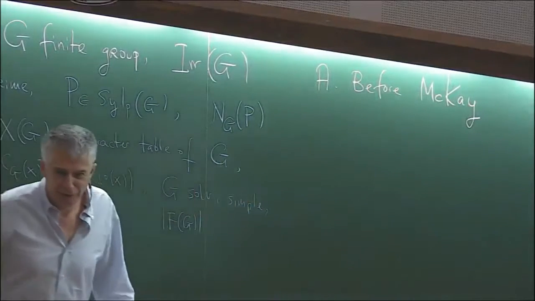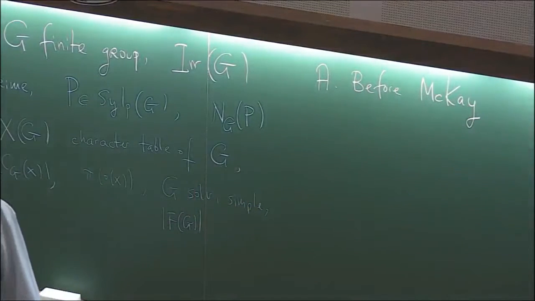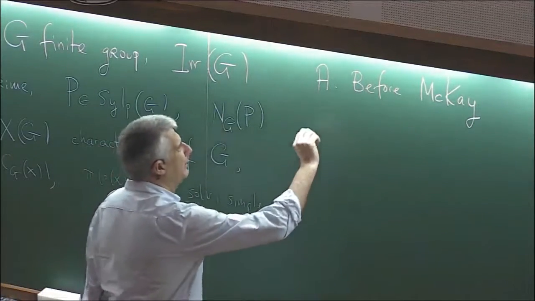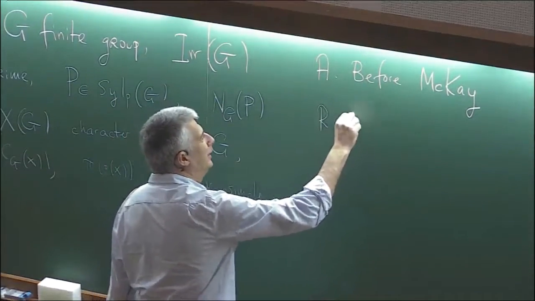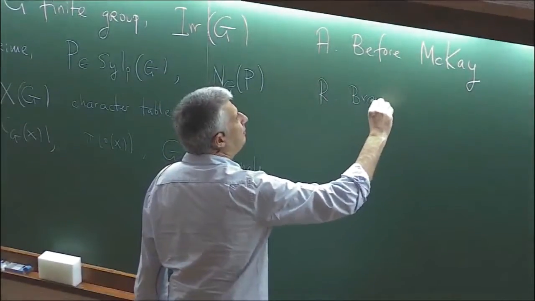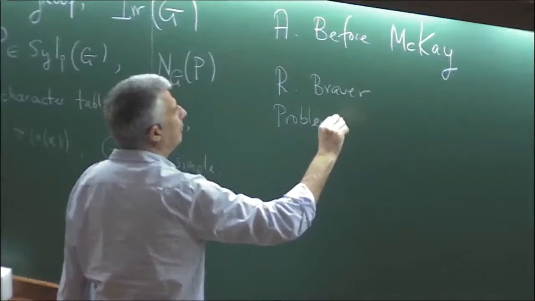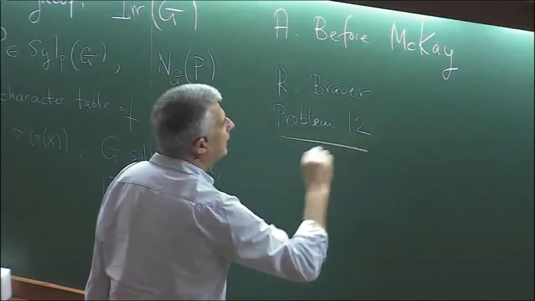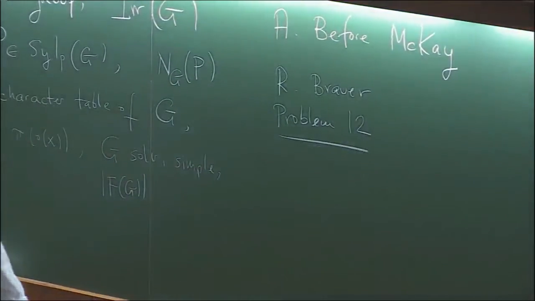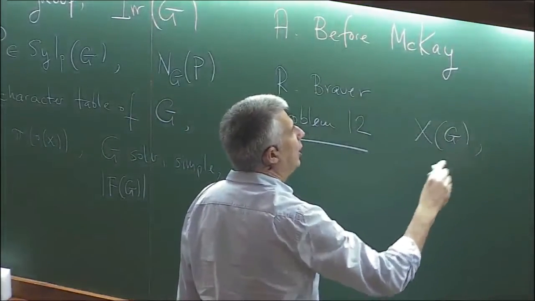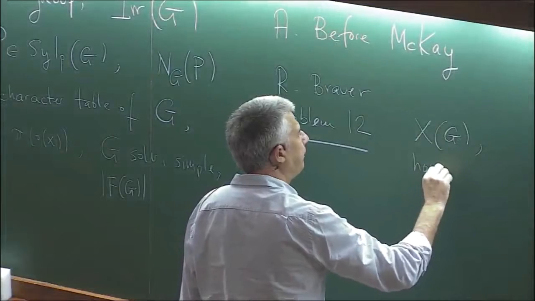And the analogy before Mackay, after Mackay, I don't think it's very good, because before Mackay, we had no less than Richard Brauer and problem 12. And Brauer asked, if you know the character table X of G, how much do you know about P?